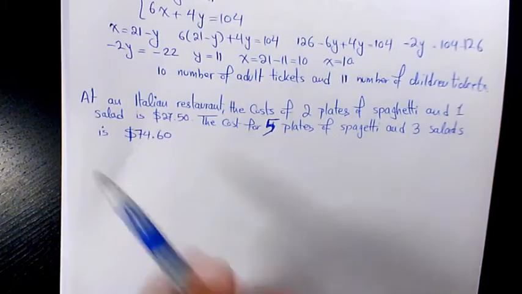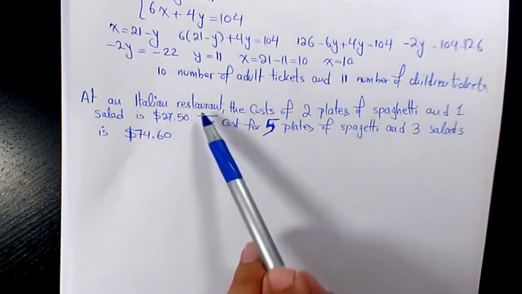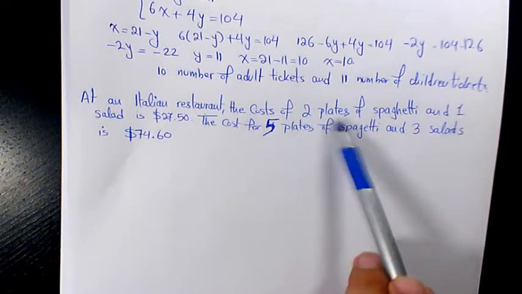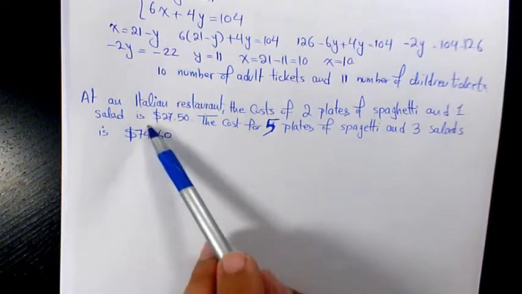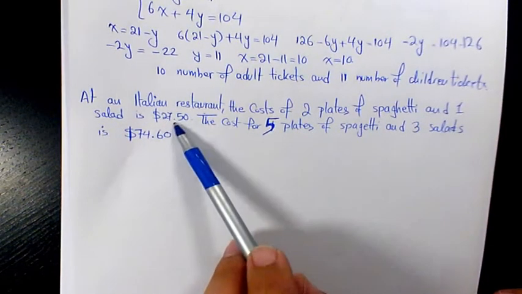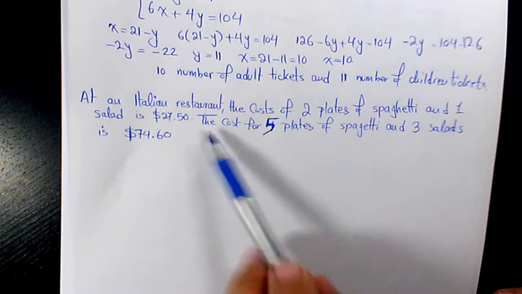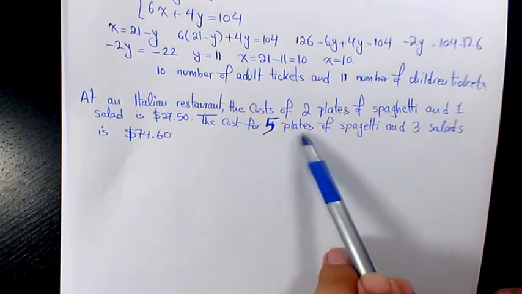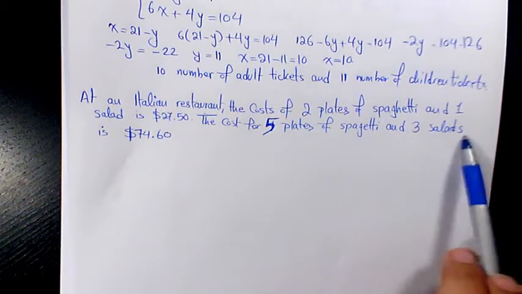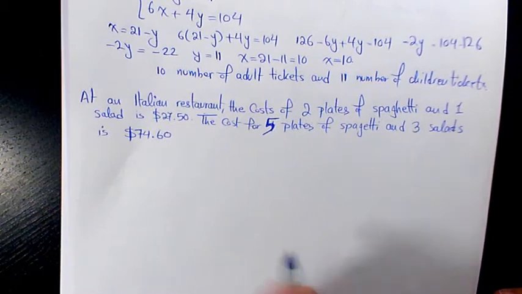Next one. At an Italian restaurant, the cost of 2 plates of spaghetti and 1 salad is $27.50. The cost for 5 plates of spaghetti and 3 salads is $74.60.